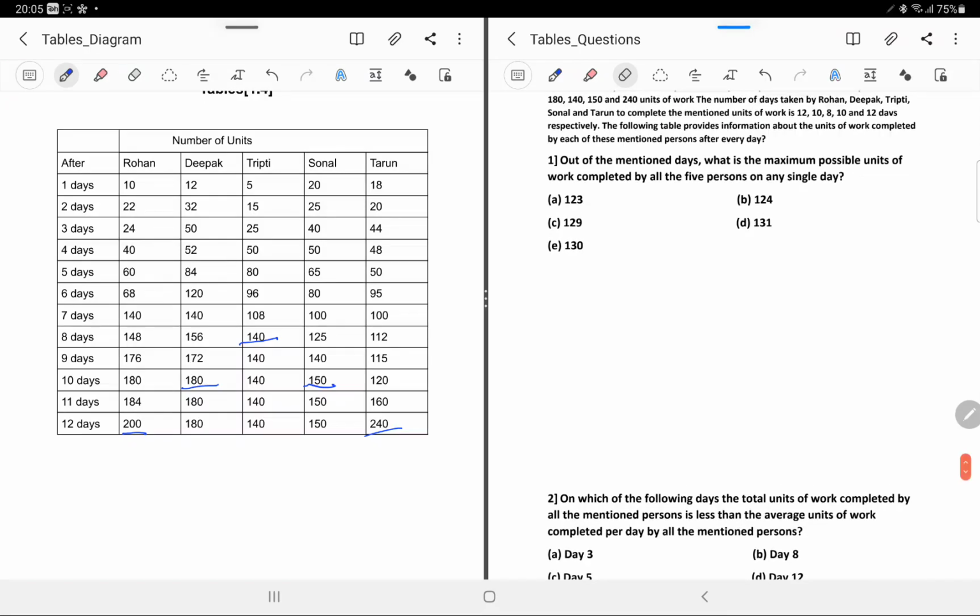Now let's see the options first. Before starting computation, the least option that we have is 123. So we should be expecting at least that much.